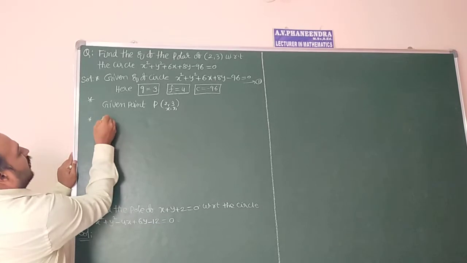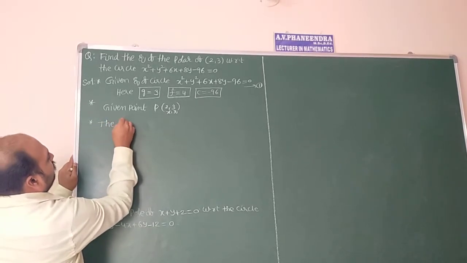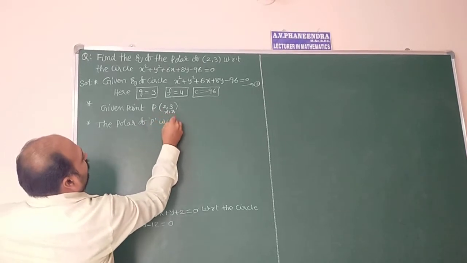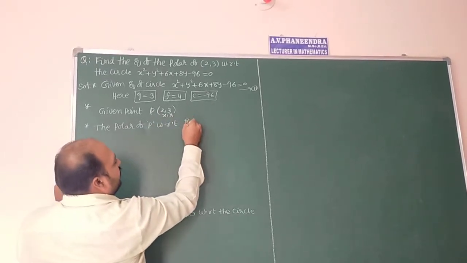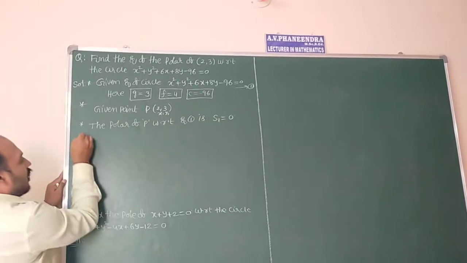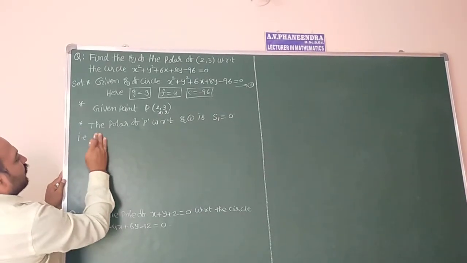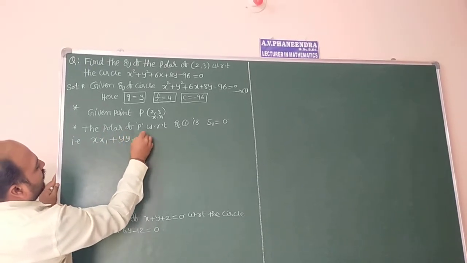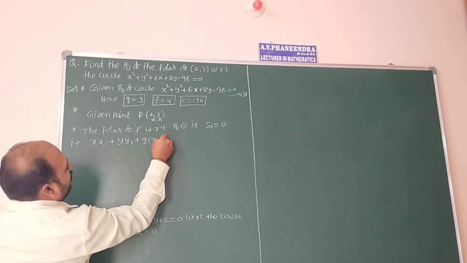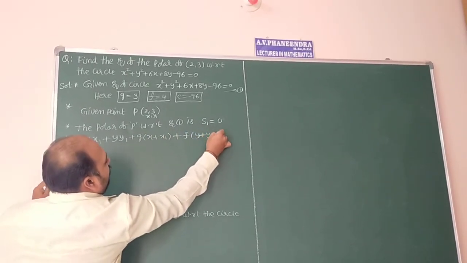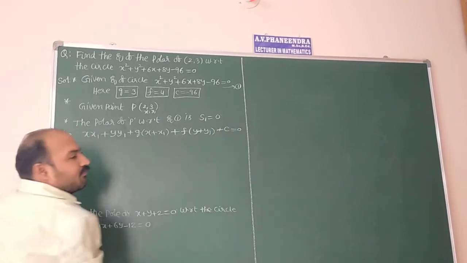Next, the formula. The polar of P with respect to equation 1 is S1 equal to 0. We know the formula: S1 equal to 0 is xx1 plus yy1 plus g into (x plus x1) plus f into (y plus y1) plus c equal to 0.